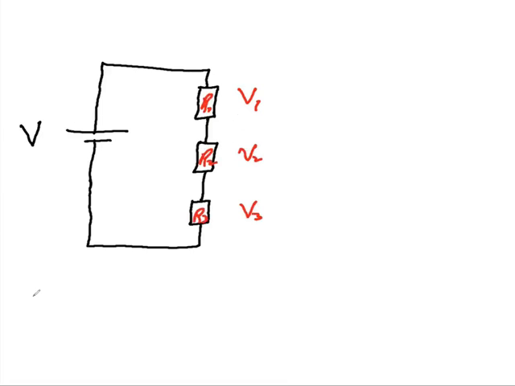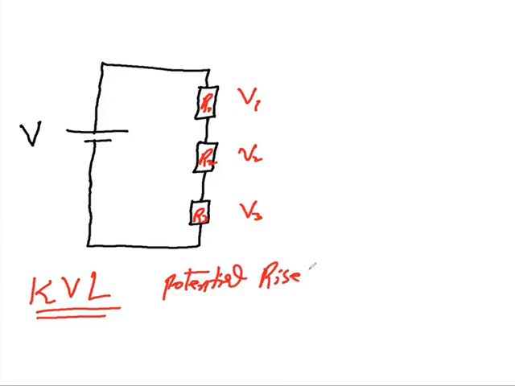Do you know what KVL is? I do, but I find it hard to understand. Okay, so KVL says that your potential rise is equal to potential drop.